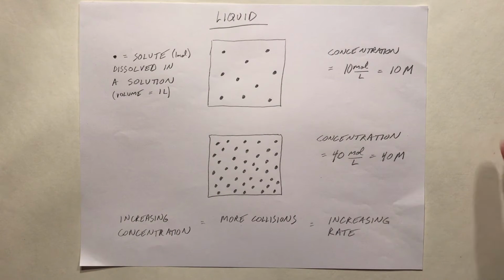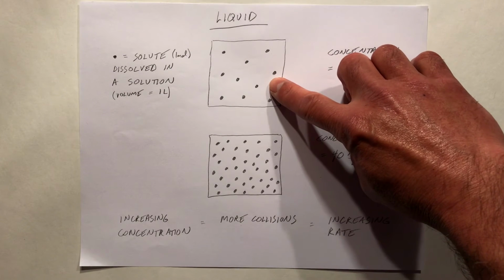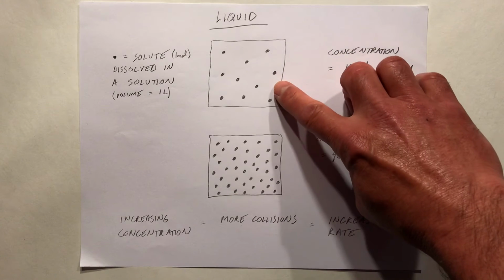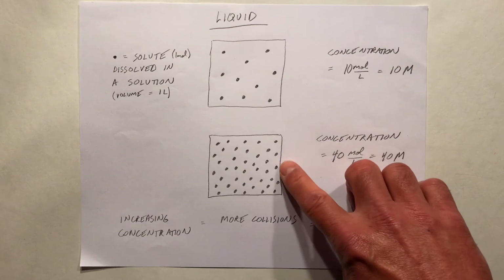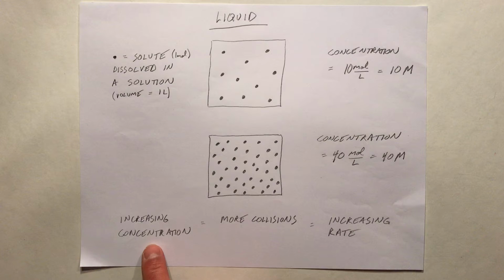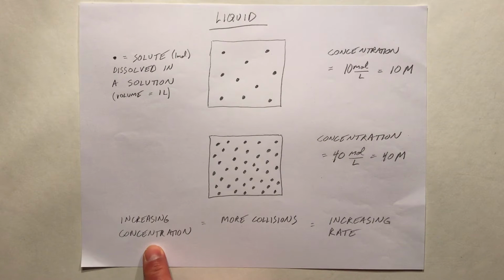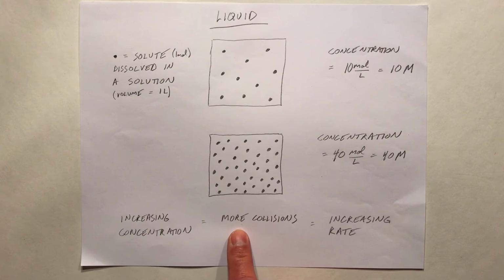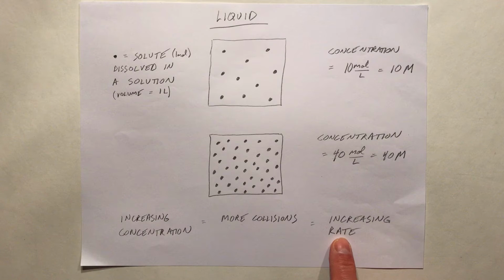If we introduce a chemical into this top container, the number of collisions that happen between these dots and that chemical would be smaller by a factor of 4 than they would be in this container, because we have 4 times more particles here. So increasing the concentration of a liquid in solution, in other words, increasing the amount of particles in a given space, would provide for more collisions per second, and that means increasing rate.